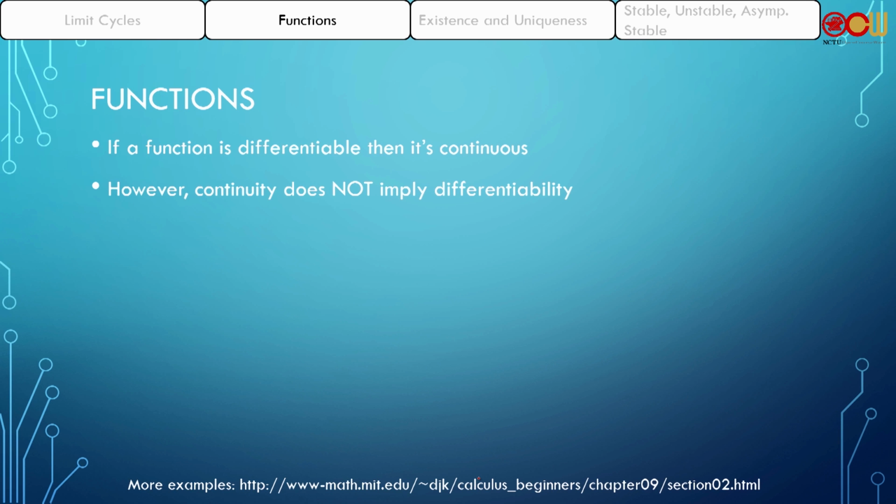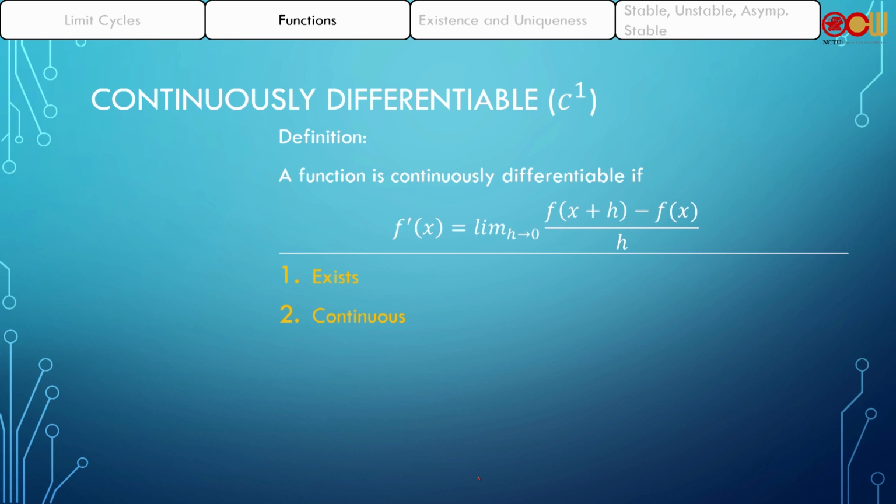Okay? If a function is differentiable, then it has to be continuous, but not vice versa. Then one more step forward, continually differentiable. What is continually differentiable? You know continuous, you know differentiable. Then continually differentiable means you differentiate the function and check if f prime is continuous everywhere.